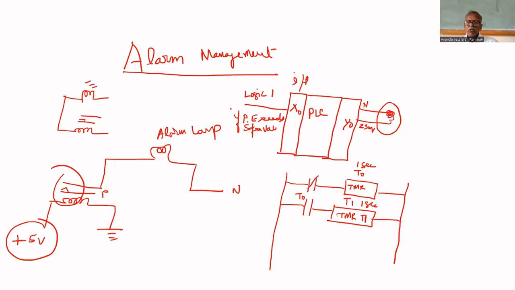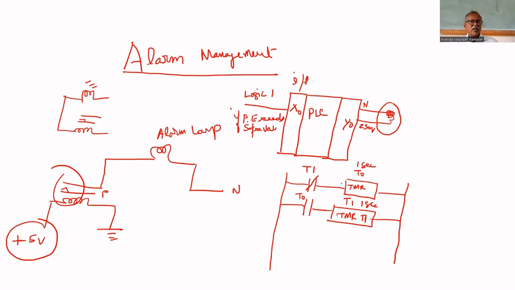This is normally closed, and this is normally open. Let us assume that initially both are off. Yes, both are off. It means T1 is connected here. The output of this timer is connected here. T1 is logic 1 because it is normally closed, because both the timers are off.